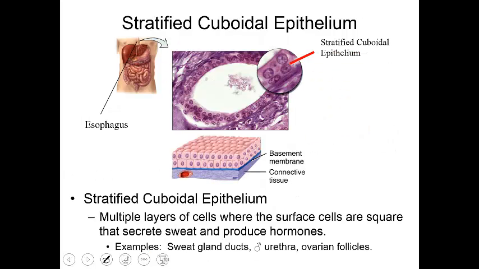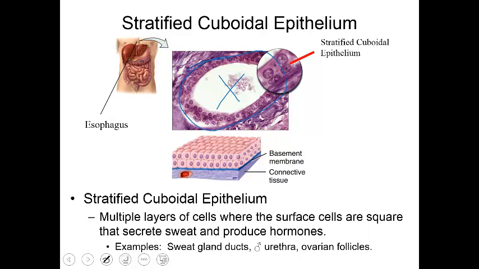The next epithelium is the stratified cuboidal epithelium. Now what you're seeing here in this micrograph is a lumen. You should know that that blank space is the lumen. Now, right here you see the basement membrane, and you see that there are multiple layers of cuboidal looking cells.